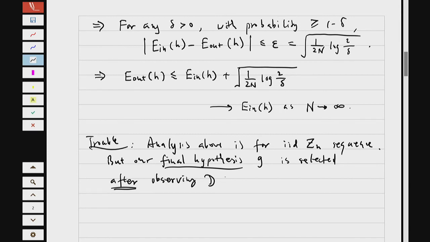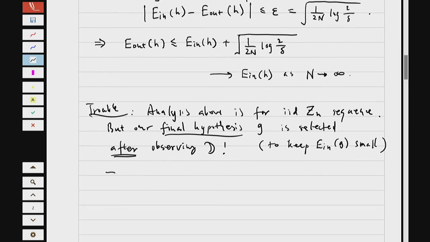And clearly you have to do that, right? Otherwise, your training error will not be small. To make your training error small, you have to observe the data points and then find the best hypothesis to minimize the training error, to keep E in of g small. Okay, so there's a conflict there.